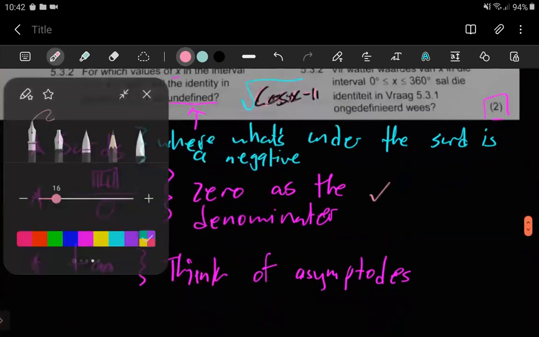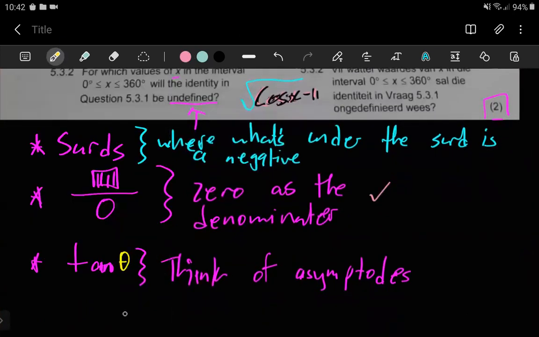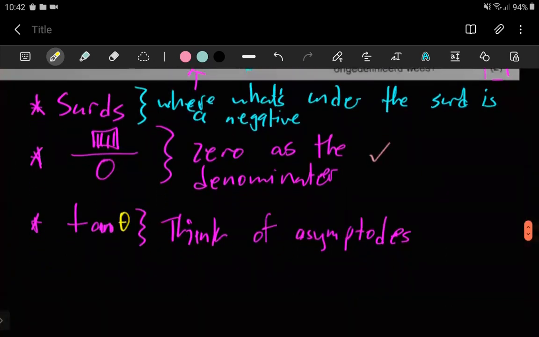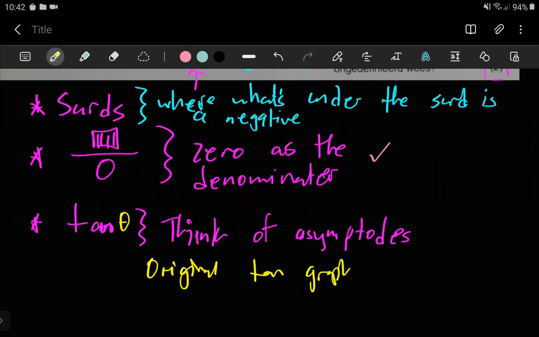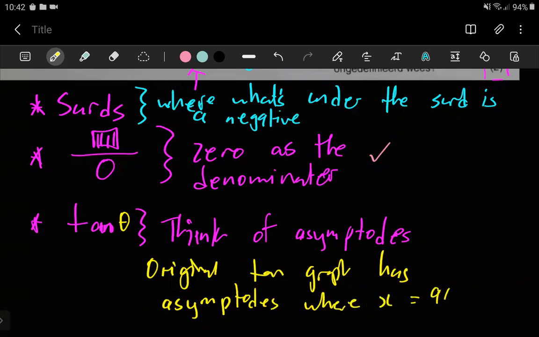And then if you have tan somewhere, let's say tan theta, you have to think of asymptotes, because with a tan, you know that your original tan graph has asymptotes where x is equal to 90, 270, going on and on and on.